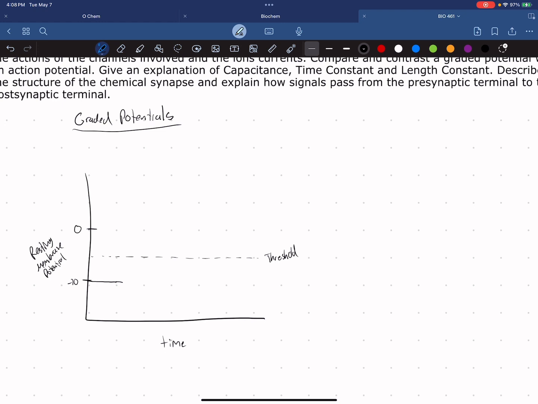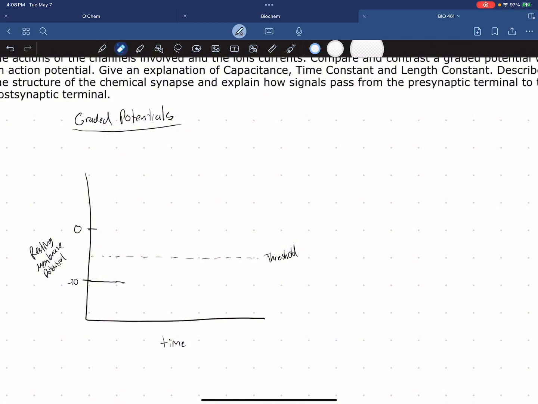And the thing about graded potentials that makes them graded is that the amount of stimulus, or let's say the number of channels that are opened or closed, can contribute to the amplitude or the size of the stimulus. So if there's only a couple channels open or closed, then we might have a depolarization that's really small like that.